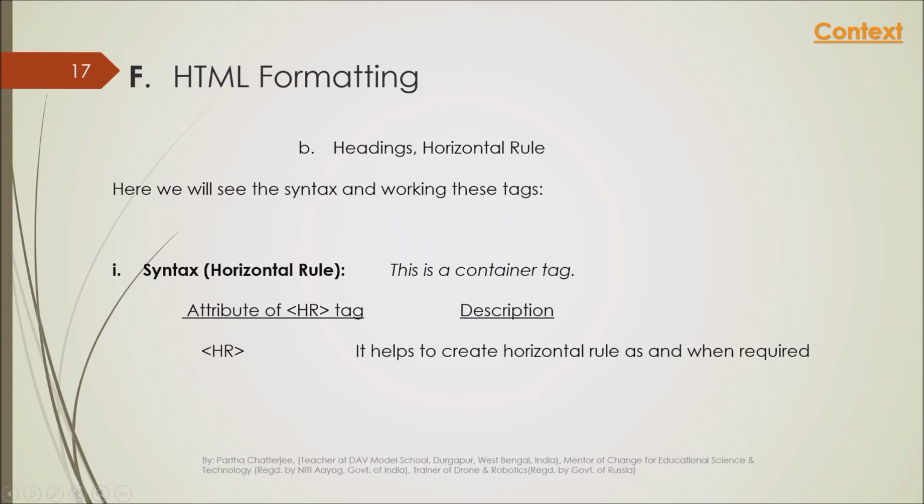Here we applied an underline, but a horizontal rule is a divider that we can apply between two documents in a single web page. In this situation we can use a horizontal rule, and we need horizontal rules in different styles, so for that it has some attributes.